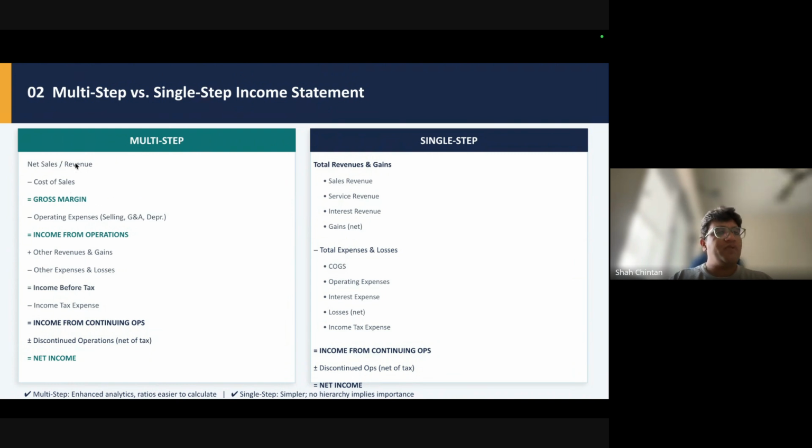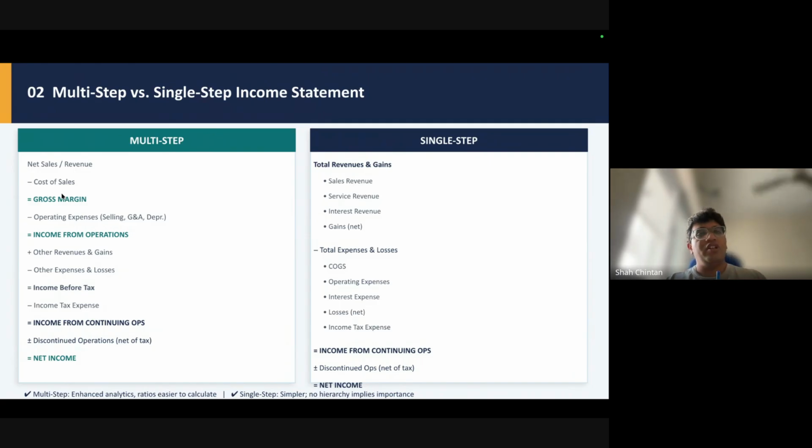So you always start with revenue from operations only. So no other incomes are recorded here. So this is only revenue from operation minus cost of sales gives you a gross profit. So this gross margin shows how good is your product. हो सकता है कि this pen is a loss making business, but my gross margin is positive.